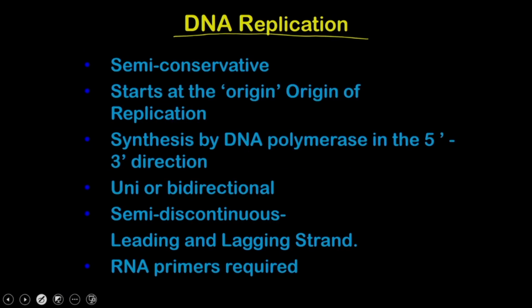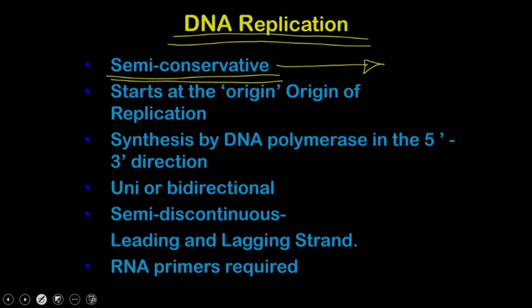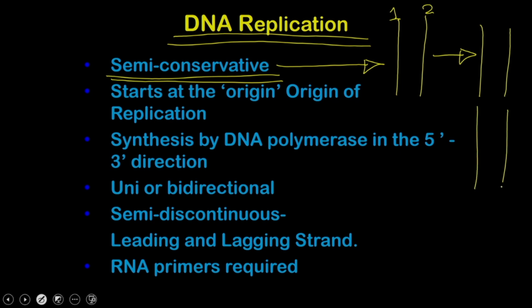Now, DNA replication has various characteristics. For example, DNA replication is semi-conservative. If this is the two strands, 1 and 2, replication is going to give you four strands.